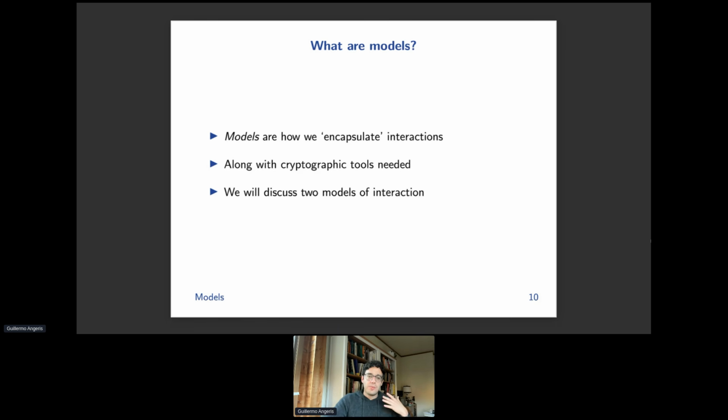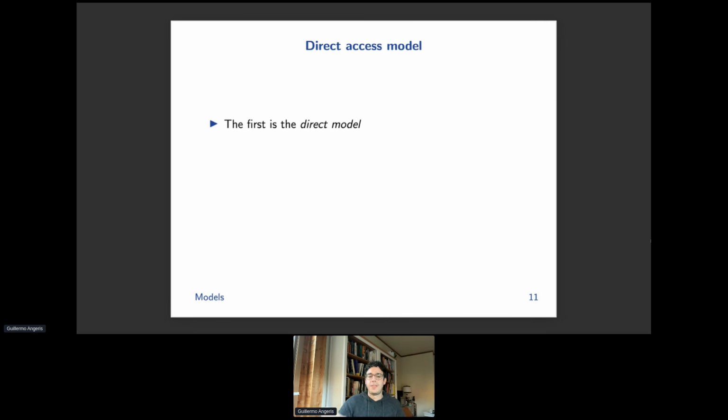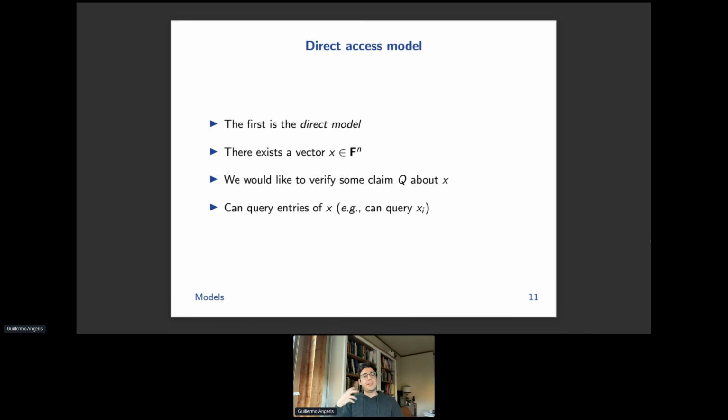So for this lecture and in general for the paper, we have two models of interaction. The first model is what we're going to call the direct model of interaction, or the direct access model of interaction. This is very similar to the problem that we just recently described regarding checking the sparsity of a vector.